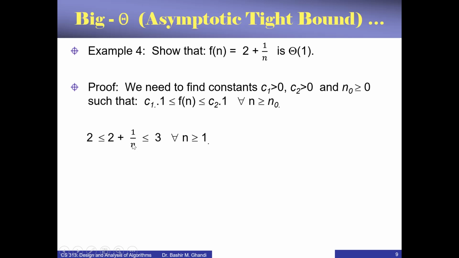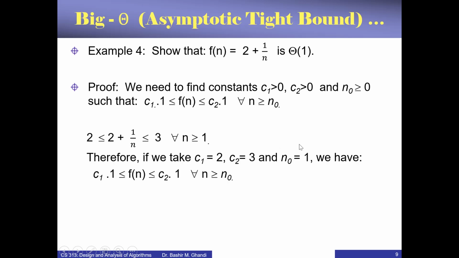For example, if this is 2, then we have 1 over 2, which is 0.5. So the total will be 2.5. 2.5 definitely is less than or equal to 3, and so on. The bigger the n, the smaller this fraction is going to be. So really, it will never be bigger than 1. So we can say that the function is less than or equal to 3 for all n greater than 1.